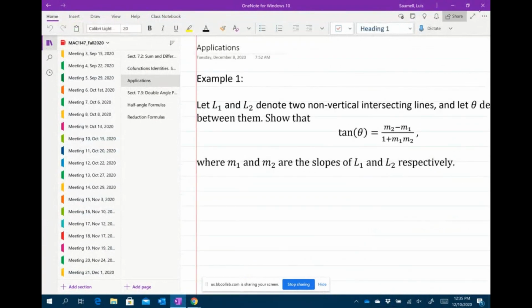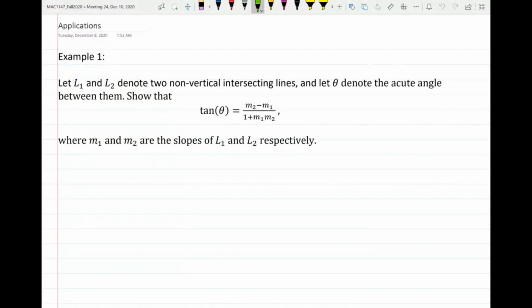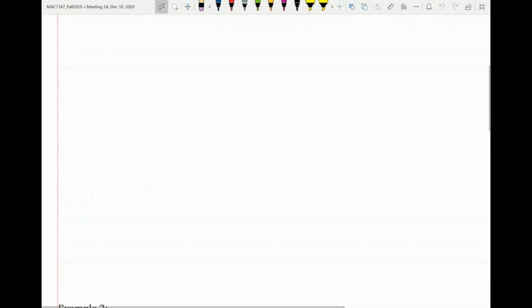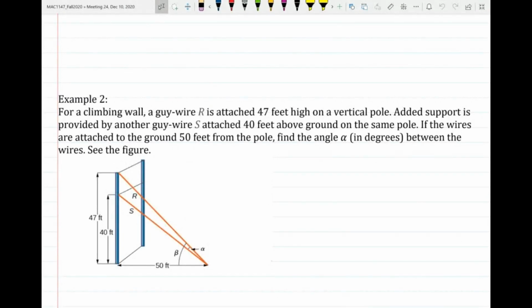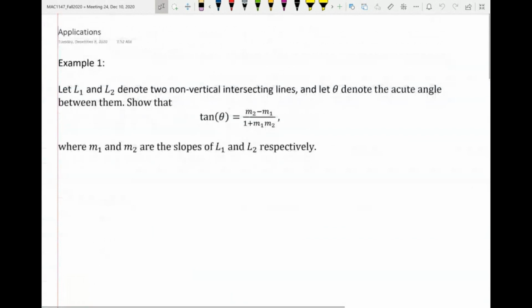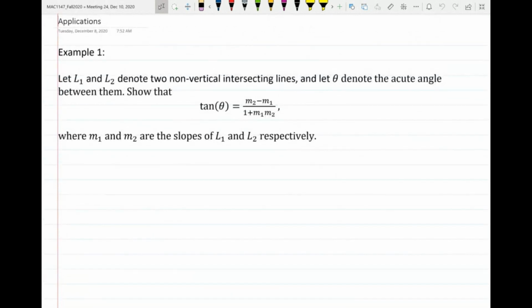So let's do a couple of applications in which we're going to take advantage of that identity that we have there. We're going to do this example, and then we're going to do a little word problem. But let's focus on this one first.